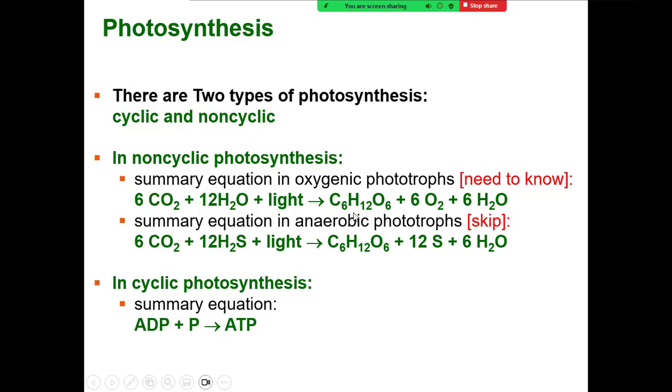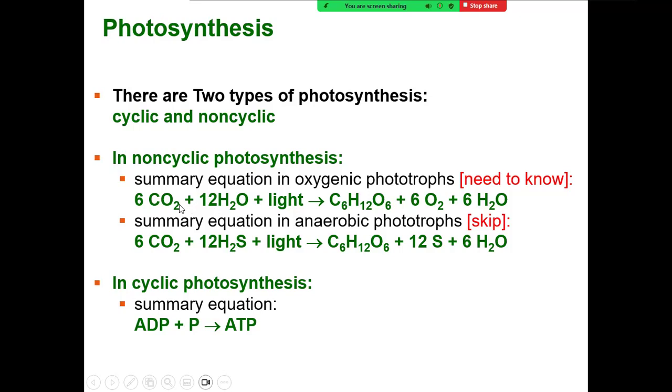Sometimes you'll see this equation minus the 6 water here and then minus 6 water there. But I prefer this full equation because if you look at where all 12 of these oxygen atoms come from, they all come from water. None of these oxygen atoms come from CO2.